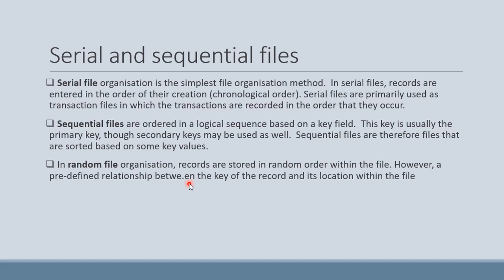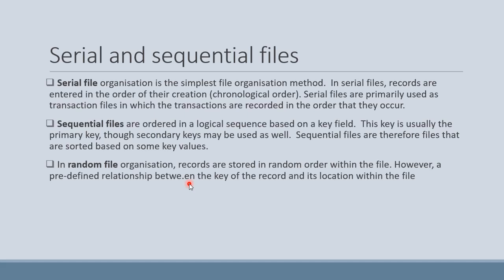We use these files when we access data also in chronological order, maybe in transaction recordings. When we have to access data in chronological order, we write data in chronological order using serial files.